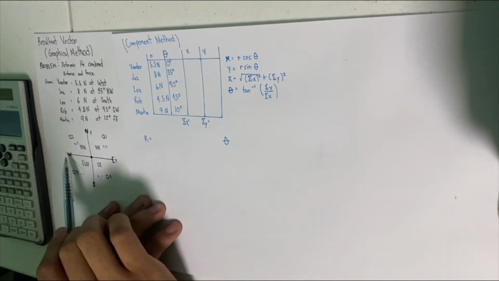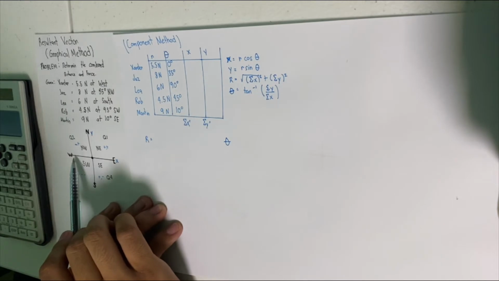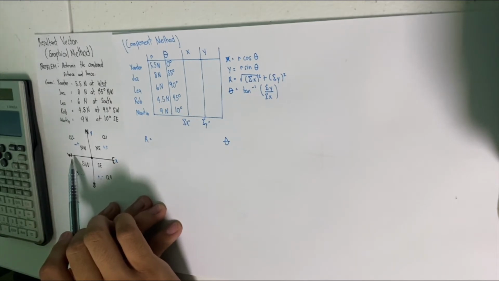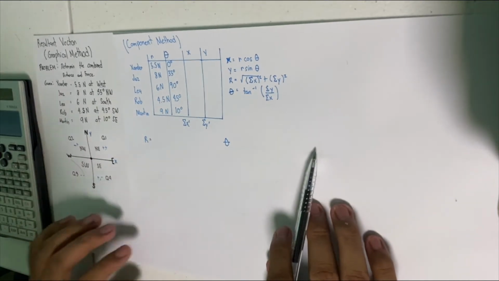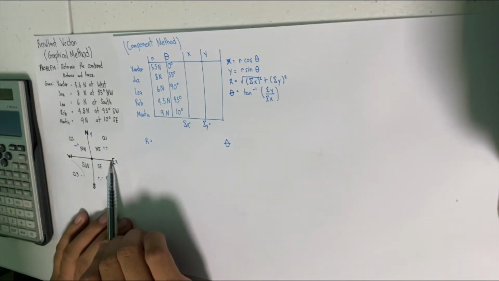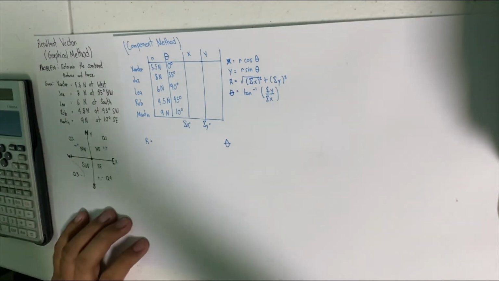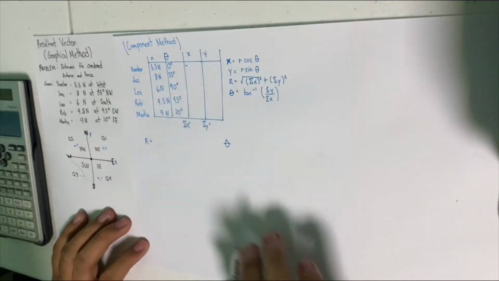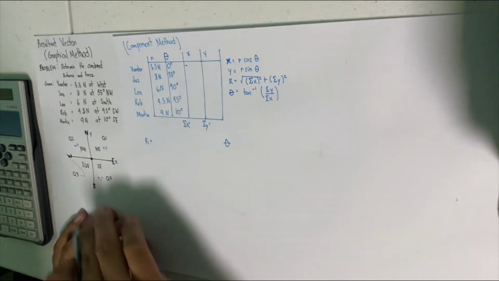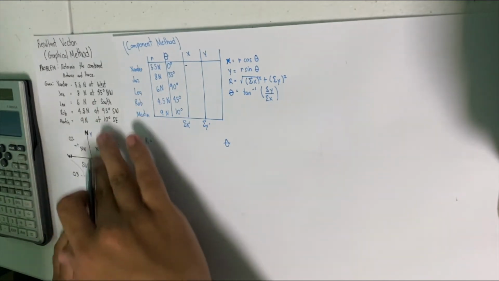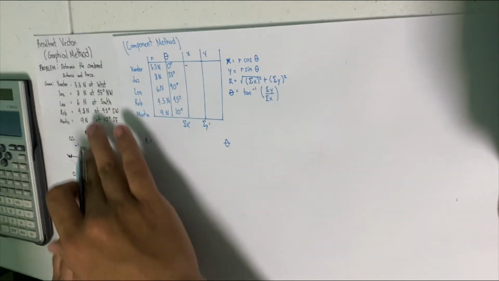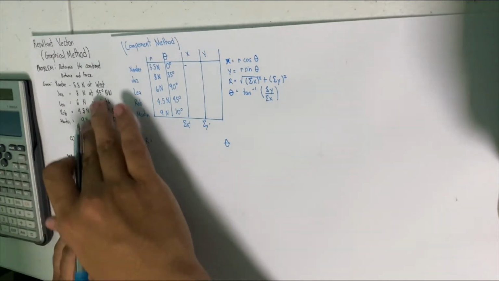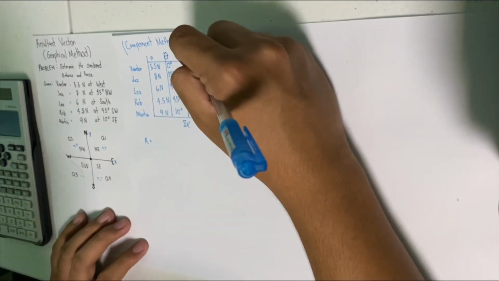So it's going to be negative because here is the positive part of the axis and here is the negative part. So it is negative. And for the y, it doesn't have a sign because it is 0.